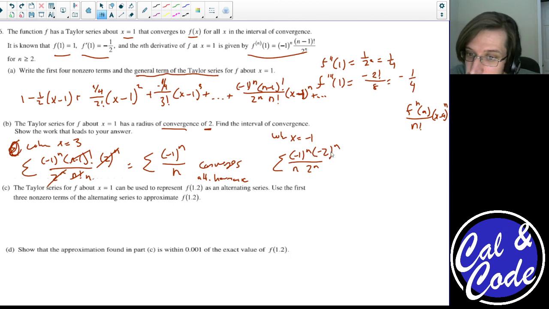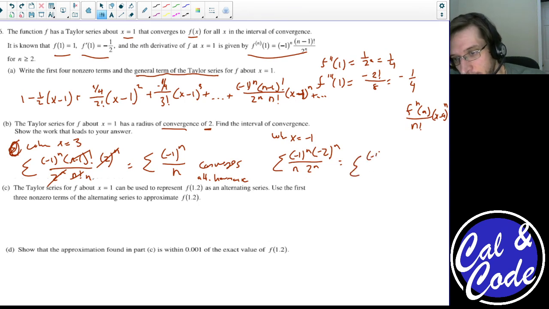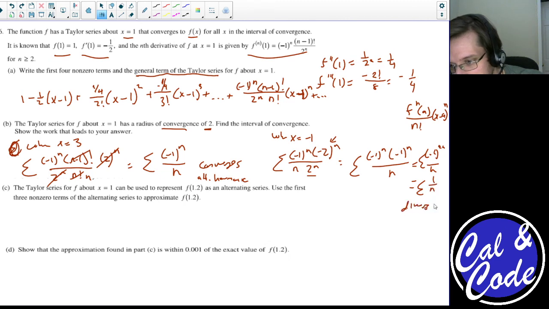Negative 2 to the n is 2 to the n times negative 1 to the n. So basically what I end up with is a summation of negative 1 to the n times negative 1 to the n. There's a 2 to the n in the denominator as well. Basically what we end up with is negative 1 to the 2n over n, which is just the summation of 1 over n. This diverges. It's the harmonic series.